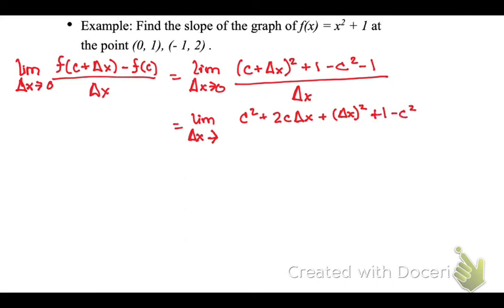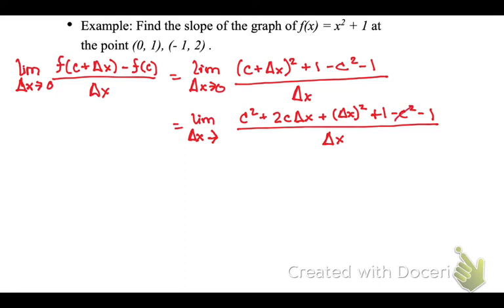I would encourage you to put your delta x in parentheses when you square it or cube it, because we need to remember it's the whole delta x squared, not just the x. That is one thing. I cannot reduce out the x and whatever.